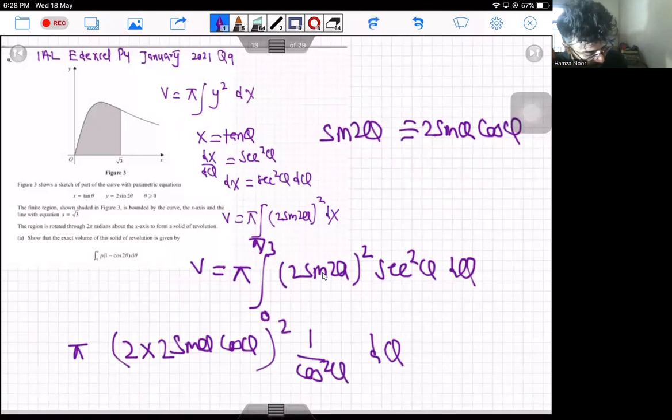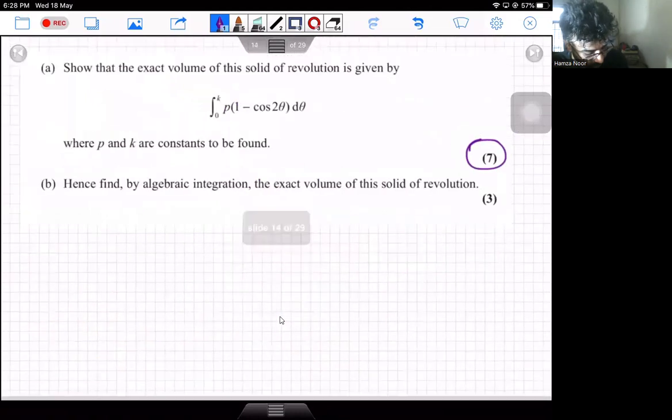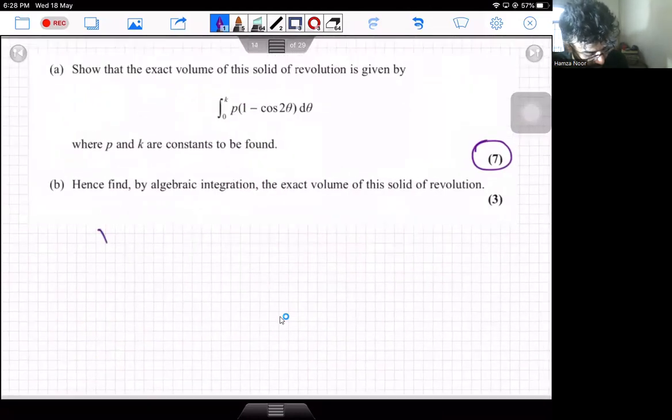And here we have the integration, upper limit pi over 3, lower limit 0. Okay. So now what we can do over here is 2 times 2 is 4 and 4 square is 16. So this can now be written like this.